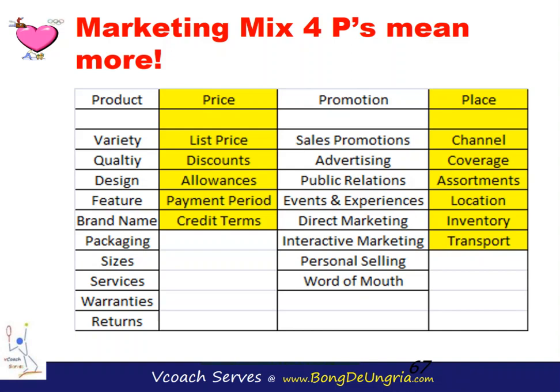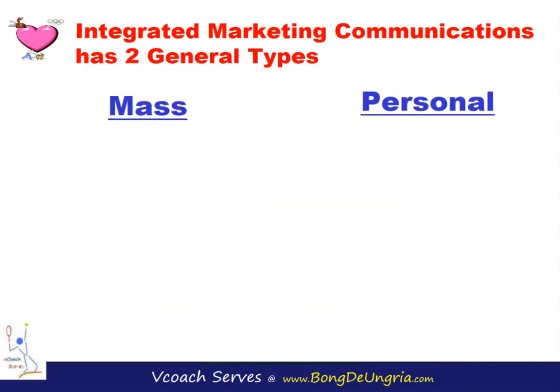transport. So, how can we better explain promotion? Because among the four P's, this is the one that's kind of confusing. In integrated marketing communication, there are two general types of communication.